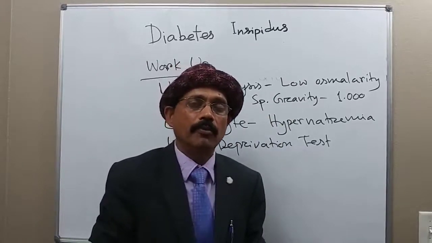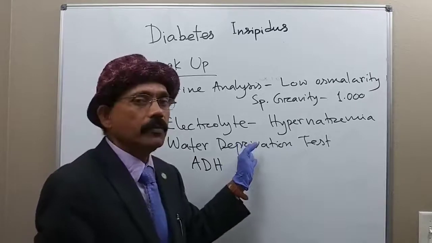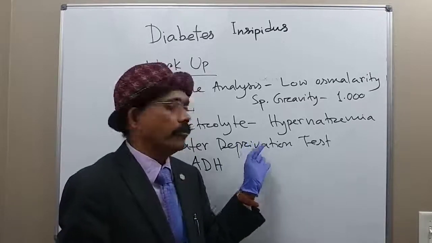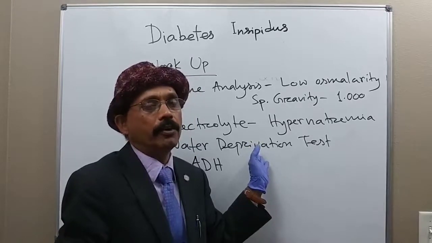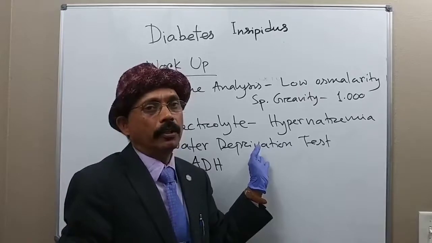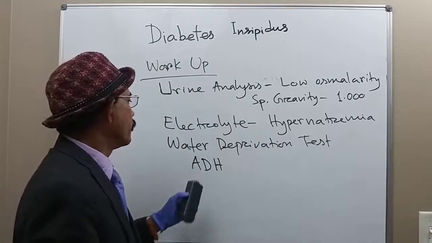But in case of nephrogenic diabetes insipidus, it will not respond because the site of action of the antidiuretic hormone is defective in the collecting tubule and the distal convoluted tubule. We have gone through that.